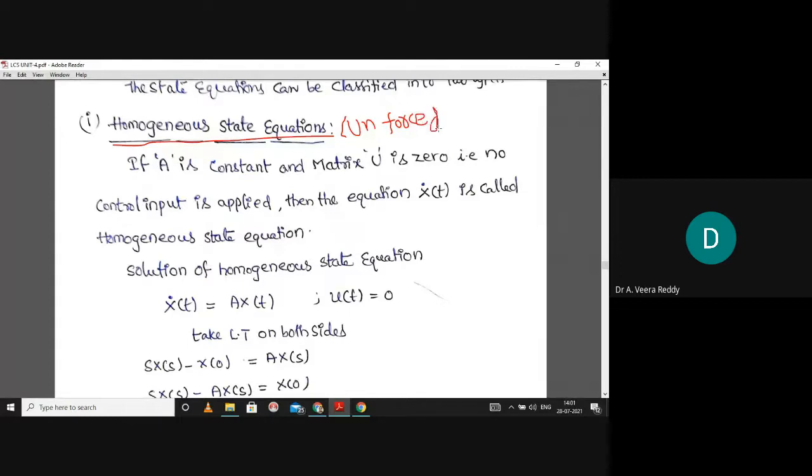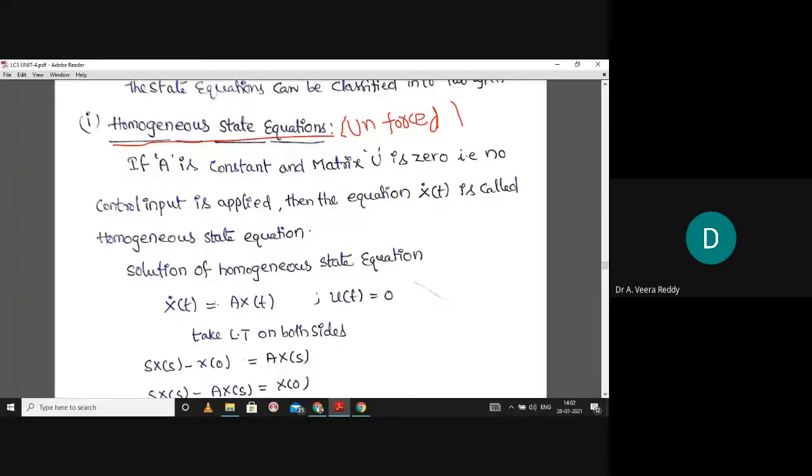The reason is, if the state model of the system doesn't contain the u of t vector, that means whatever control input you are applying to the system is absent. There is no control vector, no control input. U is 0. U is nothing but input.